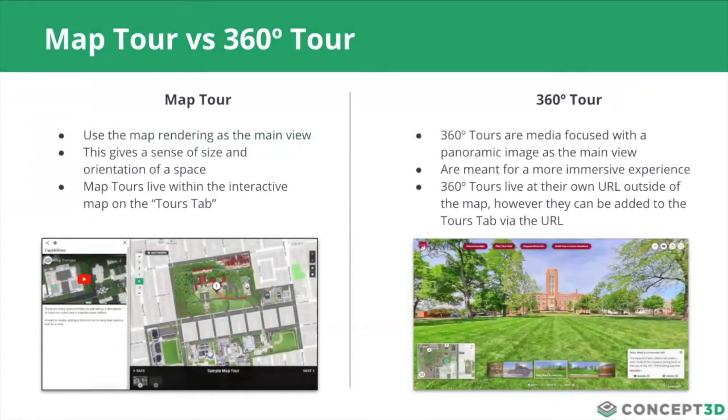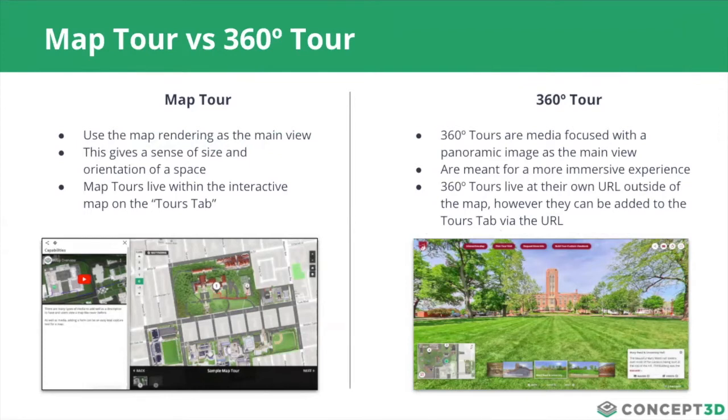Okay, so Map Tour versus 360 Tour. With Concept 3D, you have two different options available to create a tour experience for your users. First, on the left-hand side is the Map Tour. If you are currently an interactive map client of Concept 3D, the Map Tour is something you have available in your CMS today.